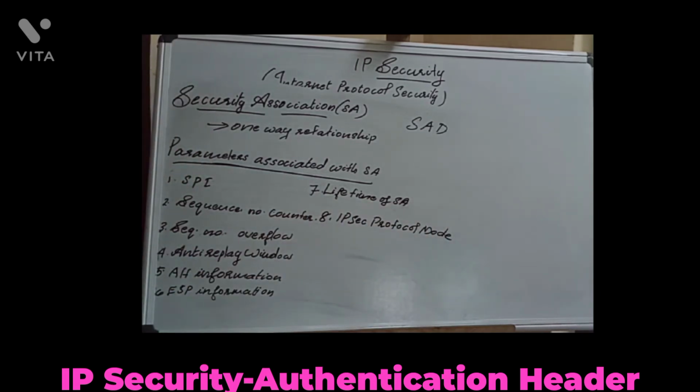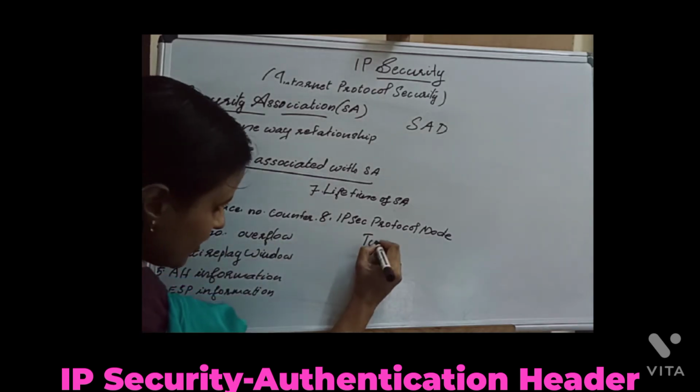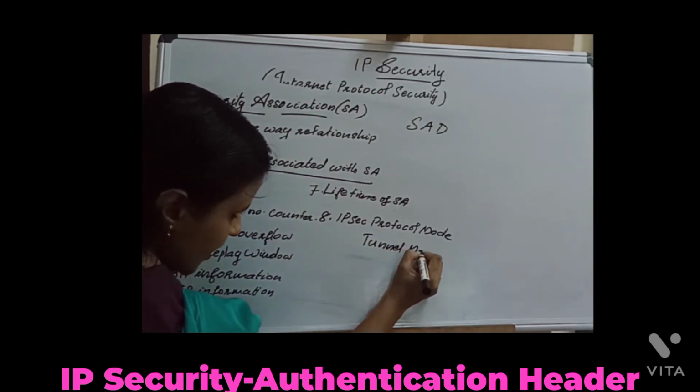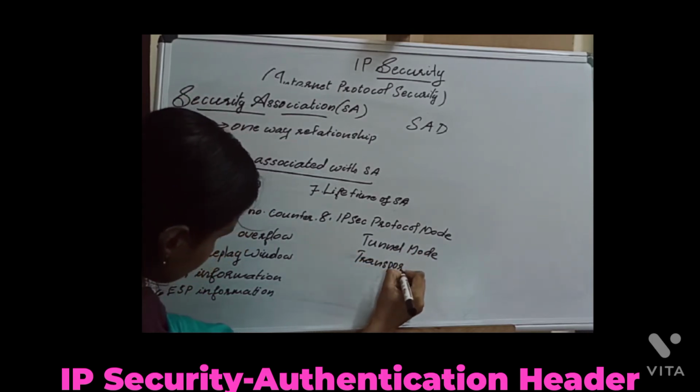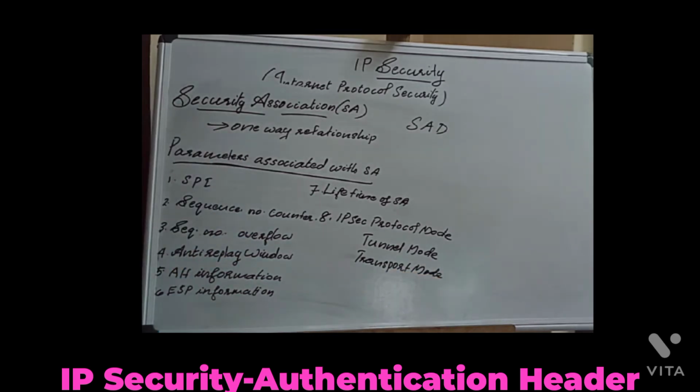AH, authentication header, and ESP will be implemented in two different modes. The first one is tunnel mode. Next is transport mode. These two modes are used to implement ESP and AH.